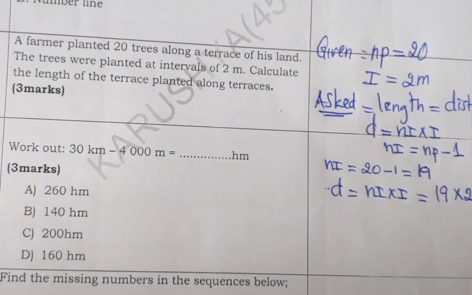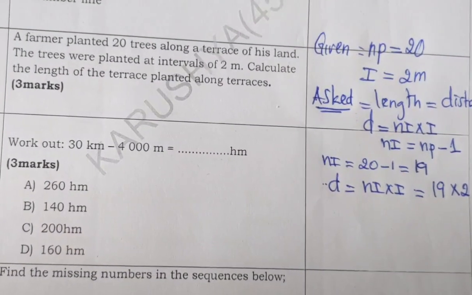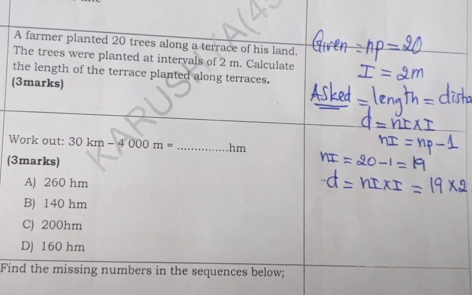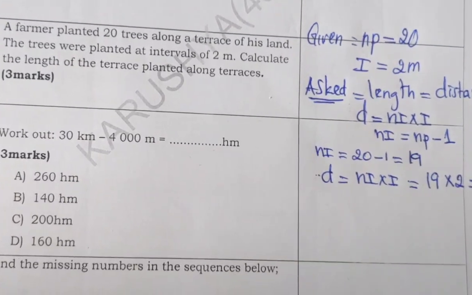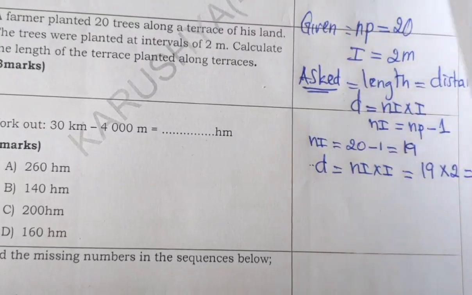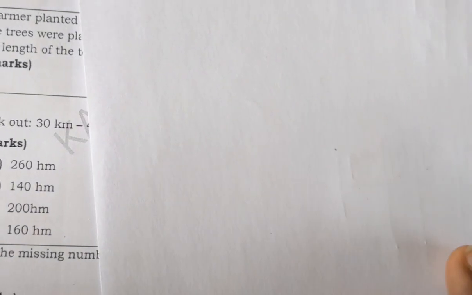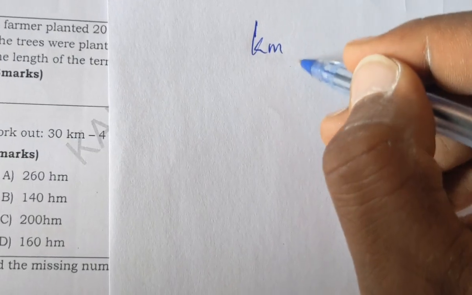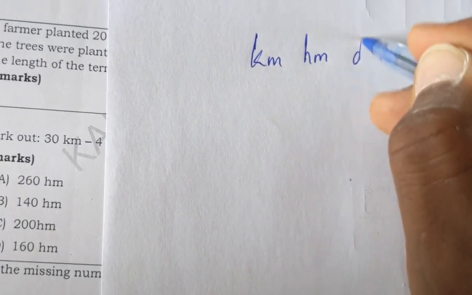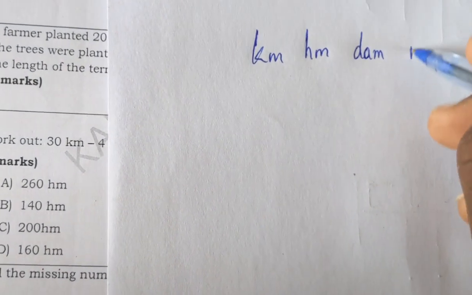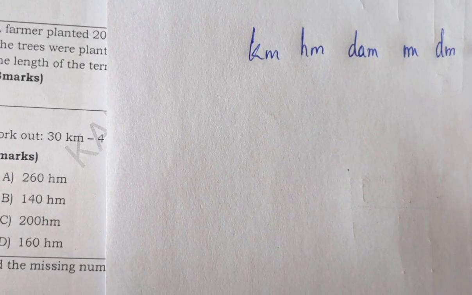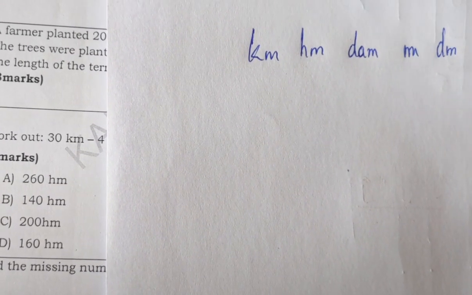Then here they said, work out 30 kilometers minus 4,000 meters. How many hectometers are there? First of all, also here you have to know the conversion table, which is kilometer, hectometer, decameter, meter, decimeter, centimeter, and then here millimeter.